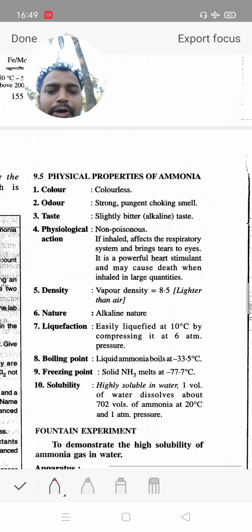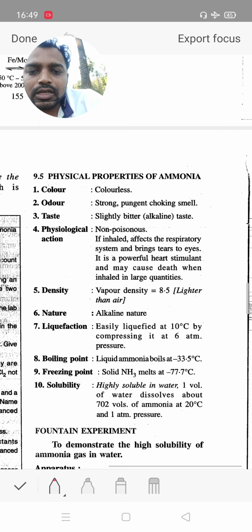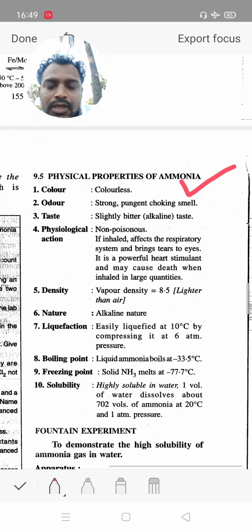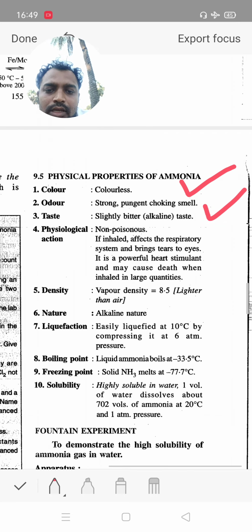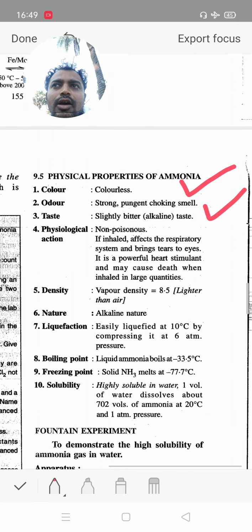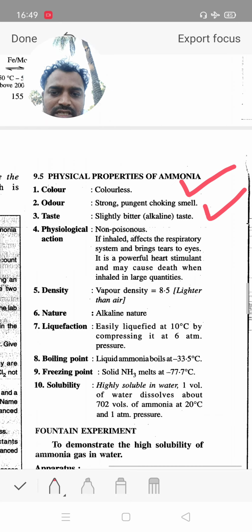Now physical properties of ammonia. Its color: it is colorless. Next, odor: it has a strong pungent choking smell. Ammonia is basic in nature, so it has a slightly bitter, alkaline taste.